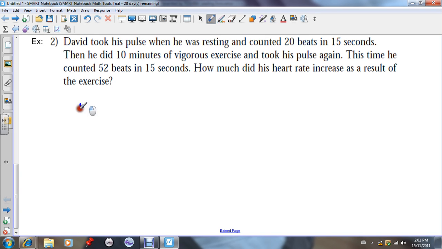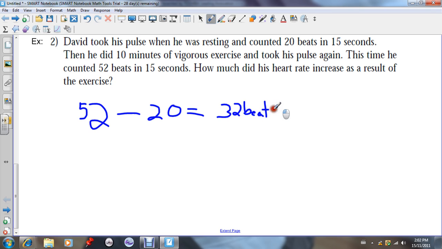Well, simply, it was 52 beats minus 20, which is an increase of how many? 32 beats in 15 seconds, right? 32 beats per 15 seconds.